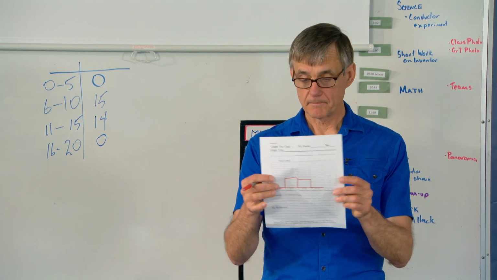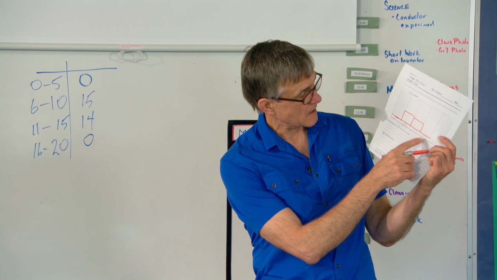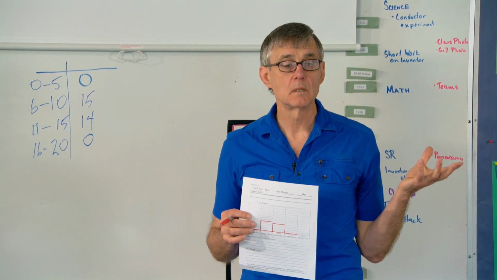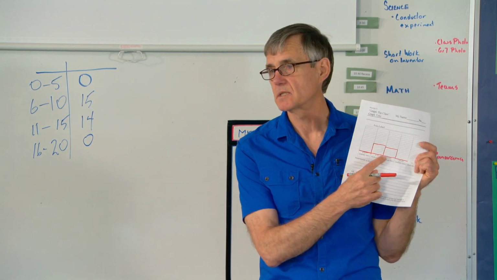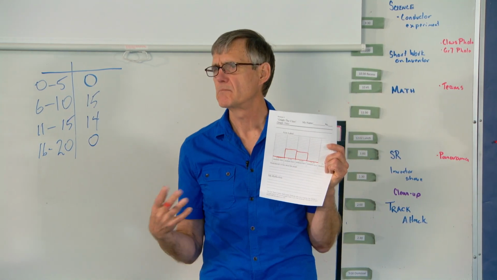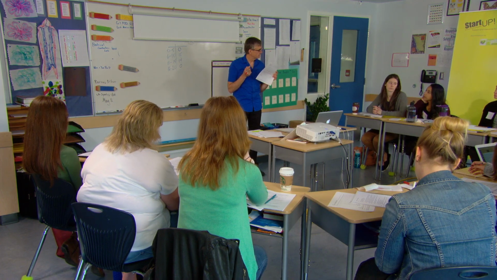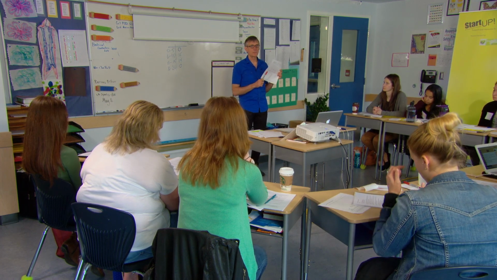Okay, and then I'm going to ask, what about the axis label? What does the axis mean? What does it mean when we're saying 0 to 5, 6 to 10? What do those numbers mean? The number of pets. It's close to the number of pets.